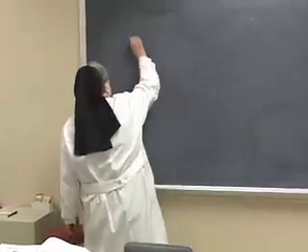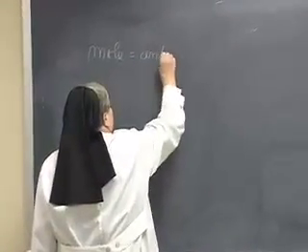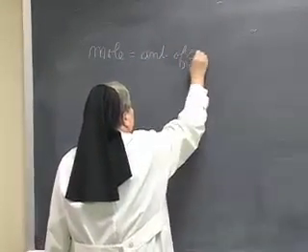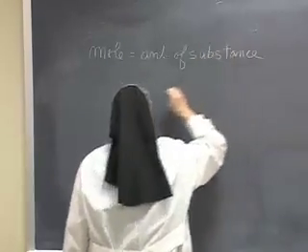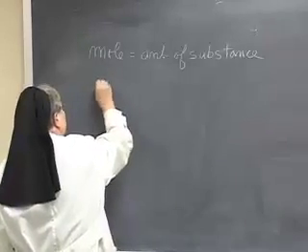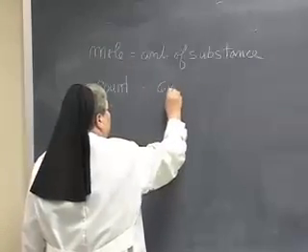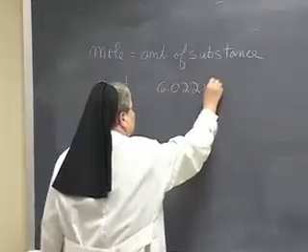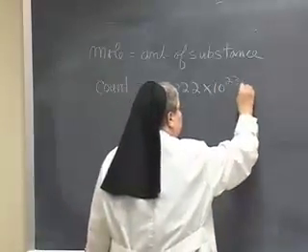So let me make some interesting comments here. A mole equals the amount, AMT, of the substance. And so we're going to talk about it by count. It's equal to 6.022 times 10 to the 23 particles.